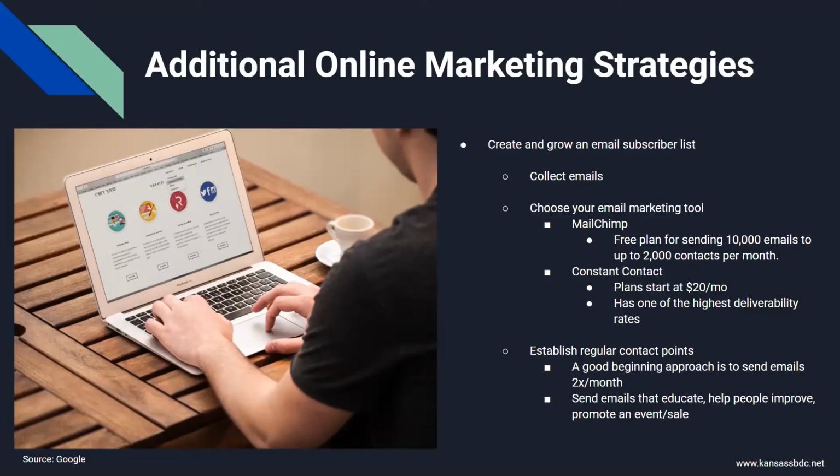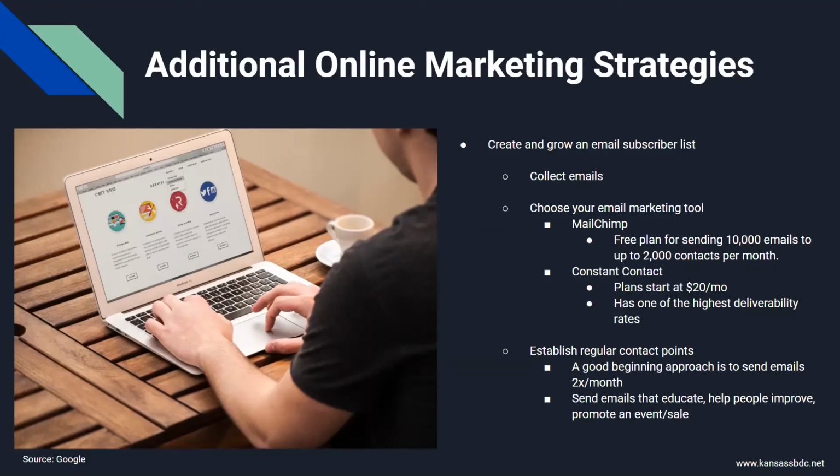Most small businesses don't have 2,000 contacts, at least the ones that I've worked with. Usually it's between 100 and maybe 250 or 300 people. But MailChimp offers a pretty robust free plan. Constant Contact, on the other hand, does not have a free plan. So the plans start at $20 a month.